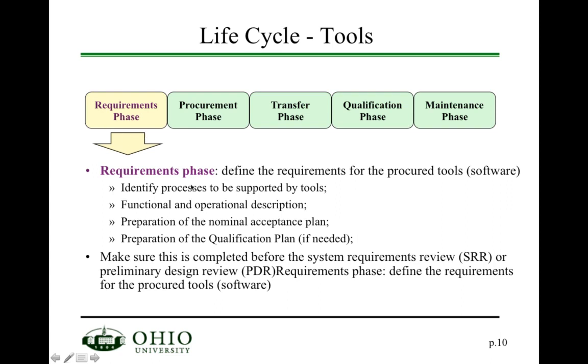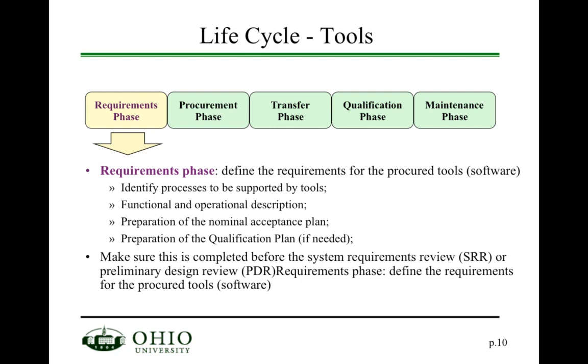Requirements phase: what you really need to do is define the requirements for the tool that we're going to need. We need to figure out what processes of our software life cycle we are going to support with the tool. Then you need to say, what functionality and what operational environment do I need?